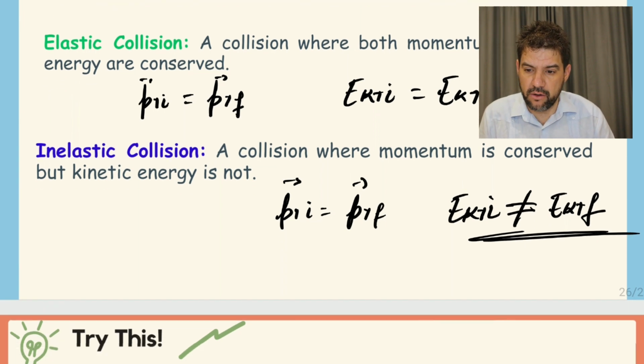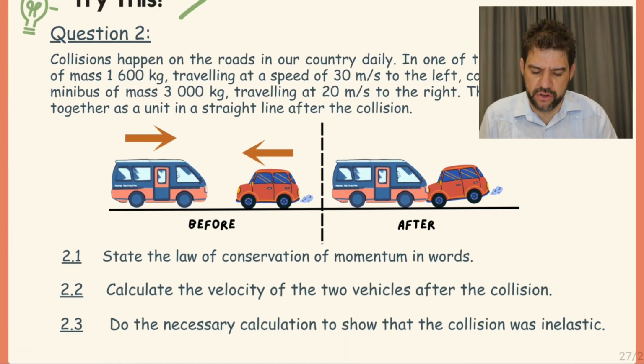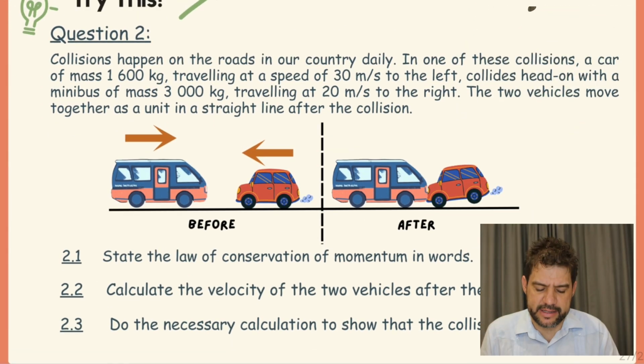We are going to now look at an example of one calculation using this. The question says collisions happen on the road in our country daily. In one of these collisions, a car of mass 1,600 kilograms traveling at a speed of 30 meters per second to the left collides head-on with a minibus of mass 3,000 kilograms traveling at 20 meters per second to the right.